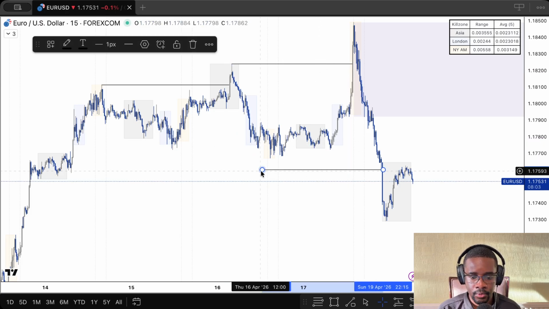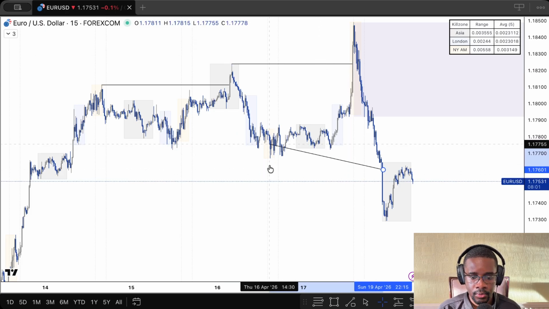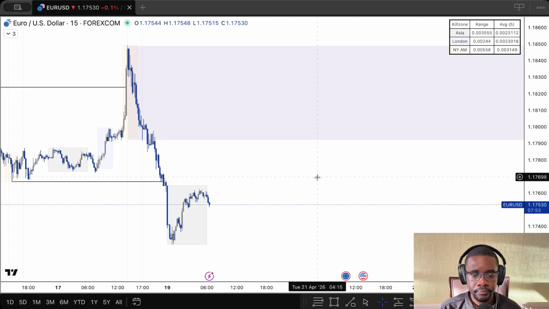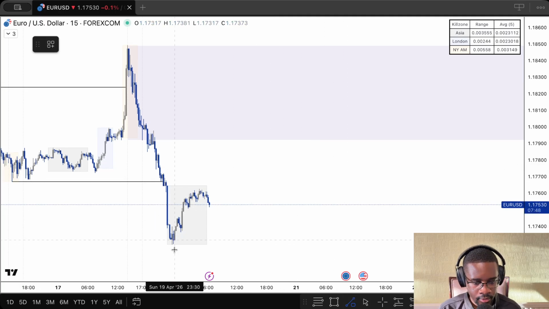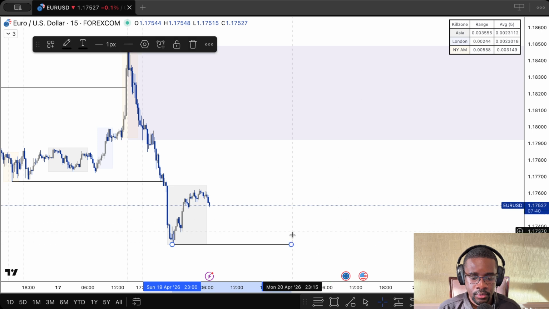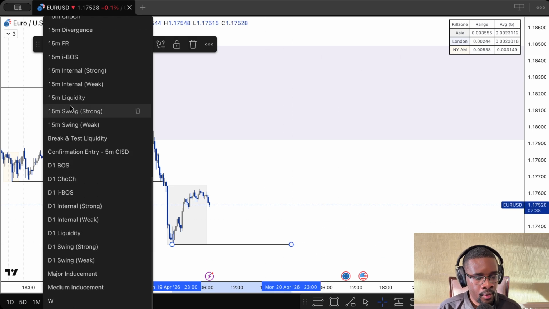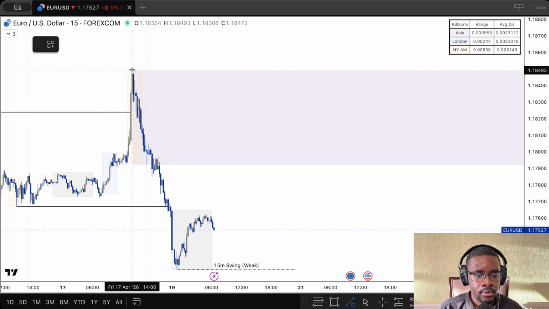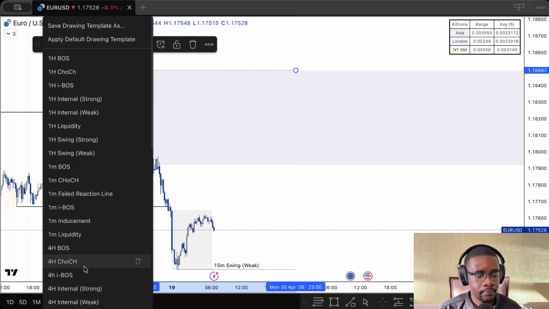And then now this is the range we're in. So that's a sizable pullback, and we can classify this as our swing low in the 15-minute. So this is our range that we're in on the 15-minute.